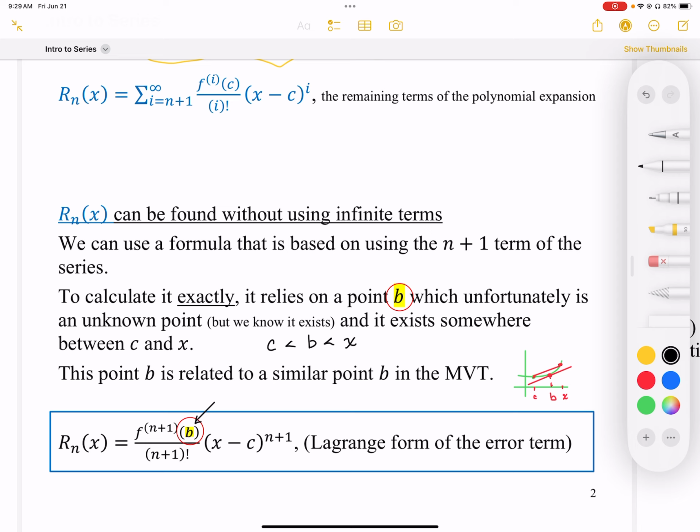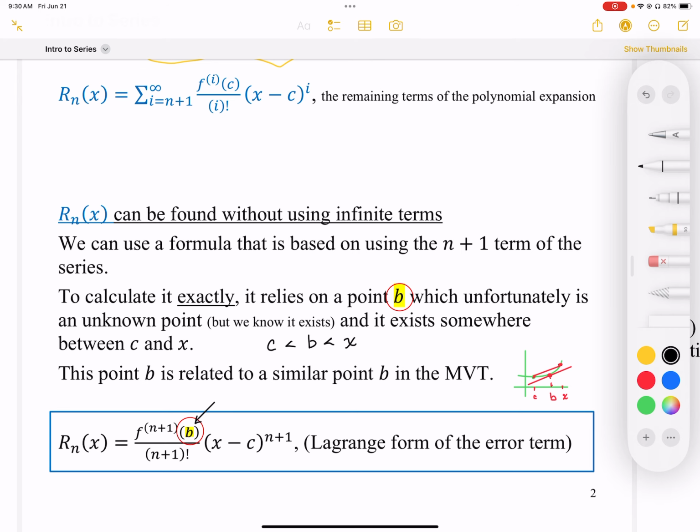So there's a theorem that says that b exists to calculate the exact error. We can't necessarily find it, but because point b is bounded between c and x, we're going to use that to bound our error.